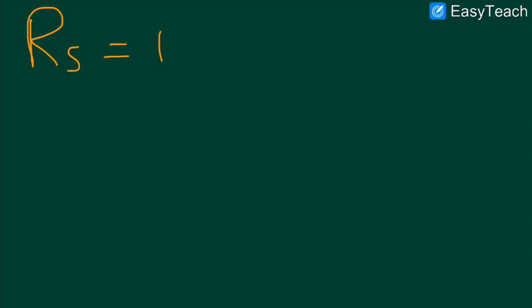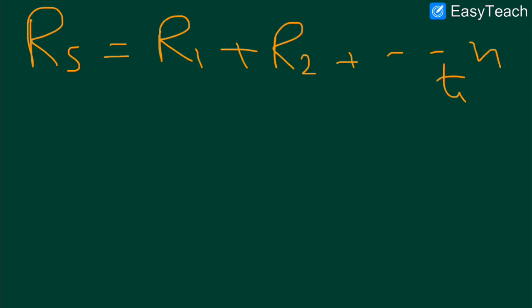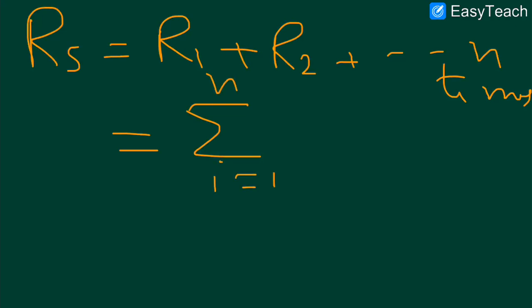Rs will be equal to R1 plus R2 and so on up to n terms. So I will write it like this: Rs is equal to the summation, i runs from 1 to n, of Ri. So this will be the sum of the individual resistances.